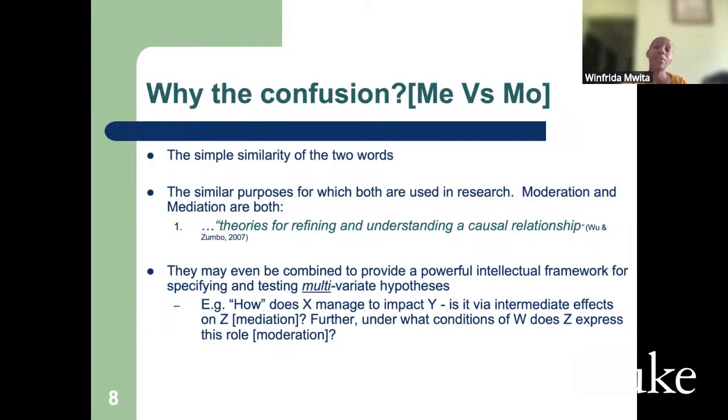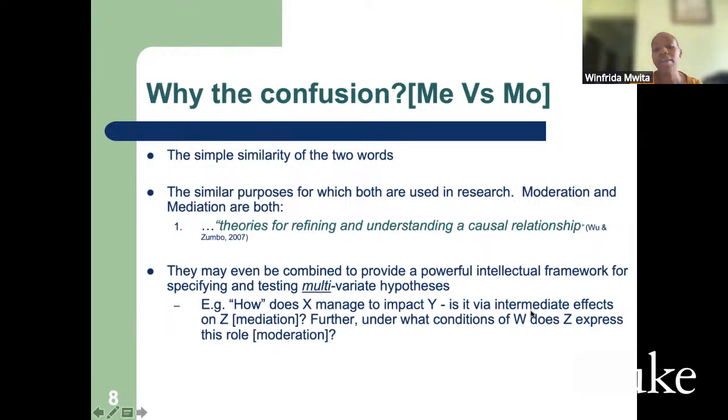But they can also be combined. You can see a lot of articles doing moderation mediation analysis. Sometimes you can have a combined effect, which would provide a more powerful intellectual framework for specifying and testing multivariate hypotheses. When you have a combined mediation and moderation analysis, an example would be trying to answer, how does X manage to impact Y?